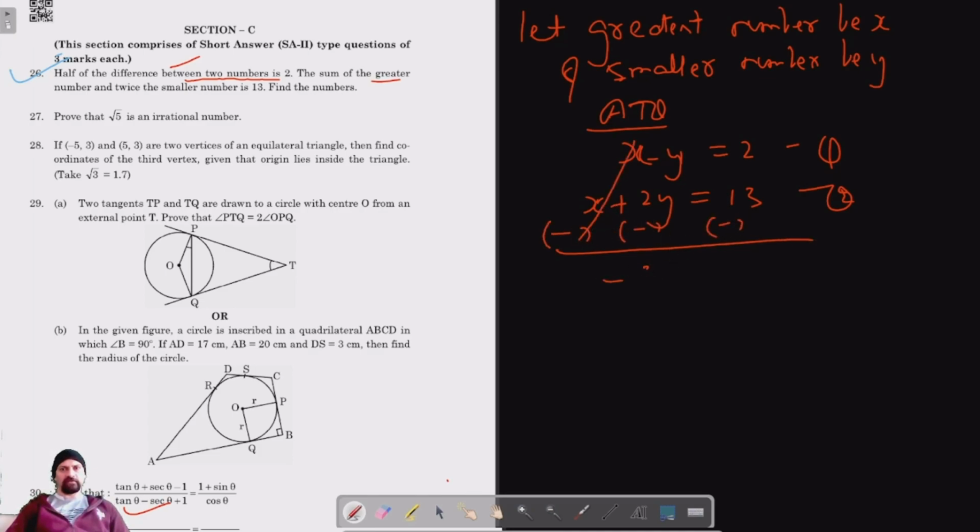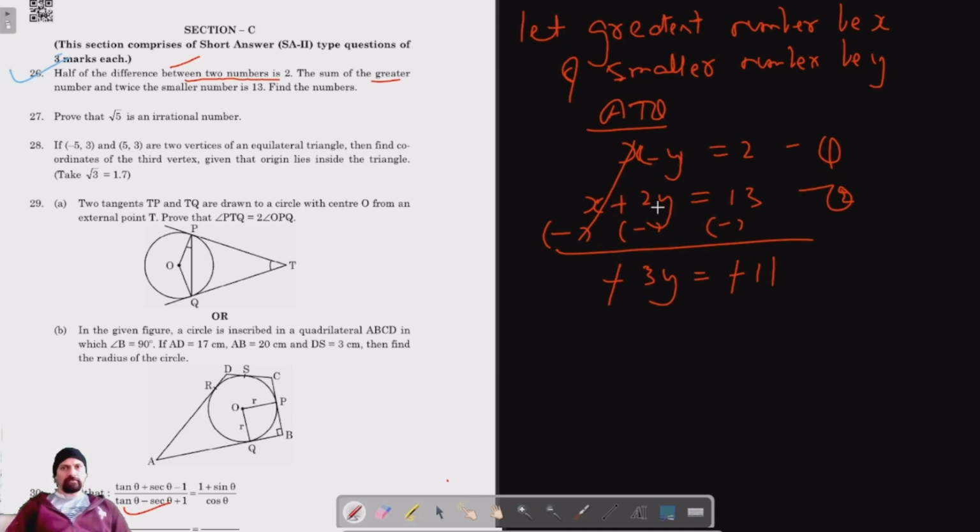These are the two equations, and we can directly subtract them to get the value of y. So this gets cancelled, and minus 3y is equal to 13 minus 2 is 11. So this was x minus y is equal to 2, and sum of the greater plus twice the smaller number is 13.